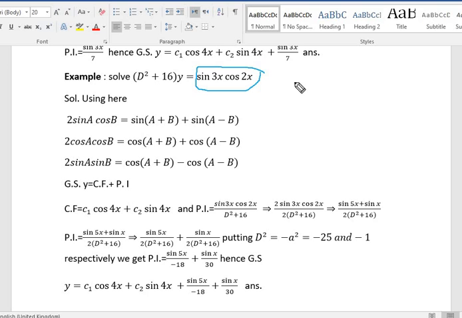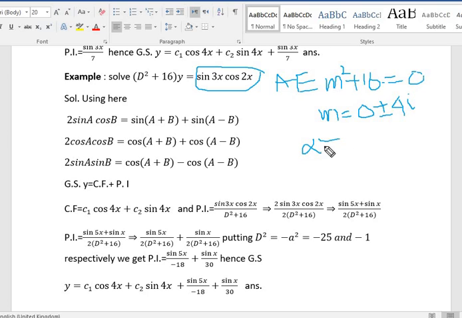Again the same thing: the auxiliary equation is m square plus 16 equals 0, so m equals 0 plus or minus 4i, so alpha equals 0 and beta equals 4.